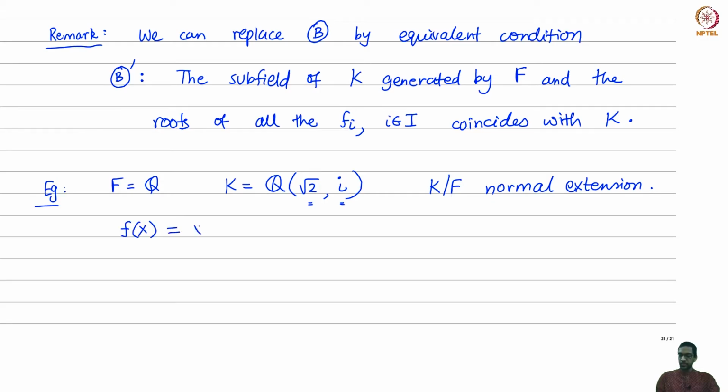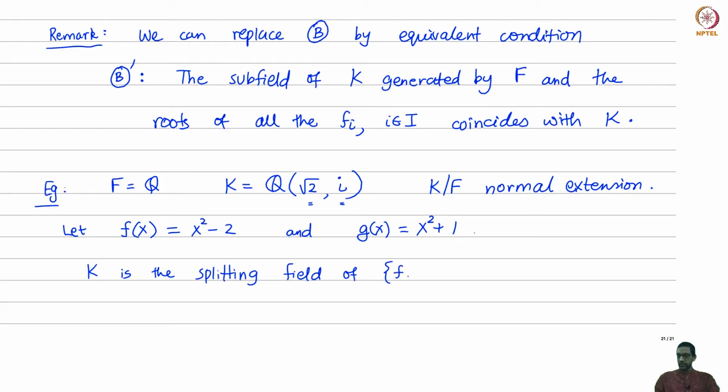So let's take the polynomial f(x) equals x squared minus 2, and let g(x) be x squared plus 1. The claim is that K is the splitting field of this collection, in this case just the two elements f and g.